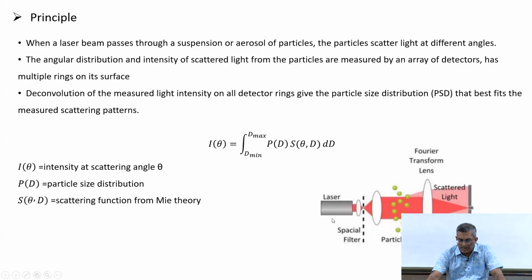Here you see this is a laser, you have particles here, and you collect light at the forward scattering angle of 0 degrees. The arrangement is similar to the shadow imaging technique, but here you capture the light pattern, while in shadow imaging you capture the particle image directly.